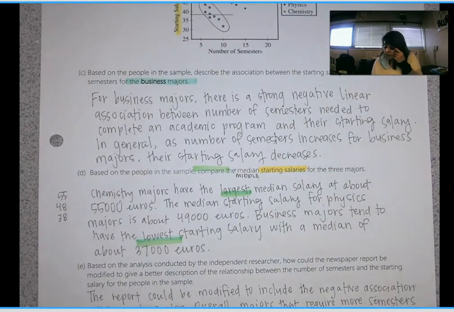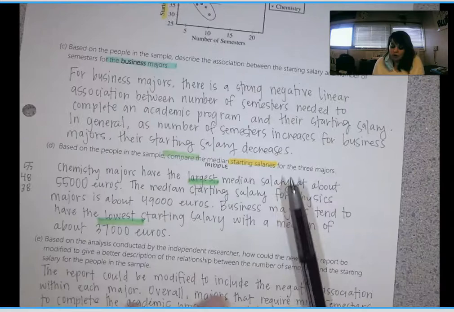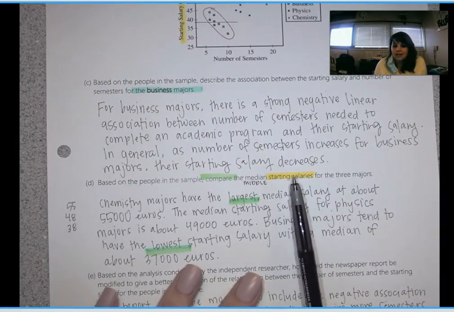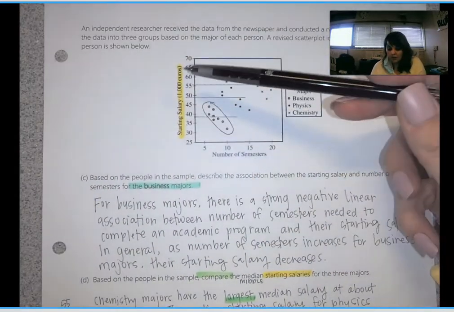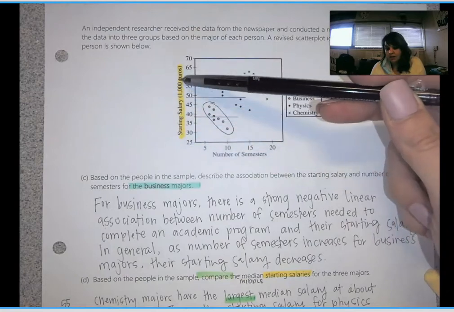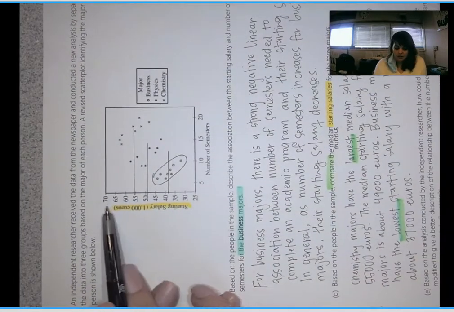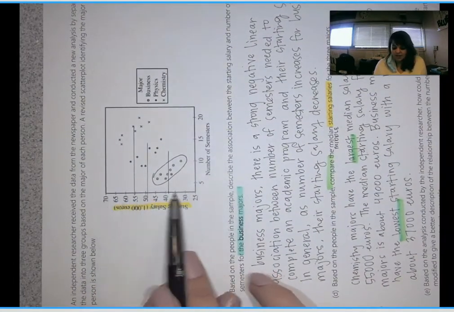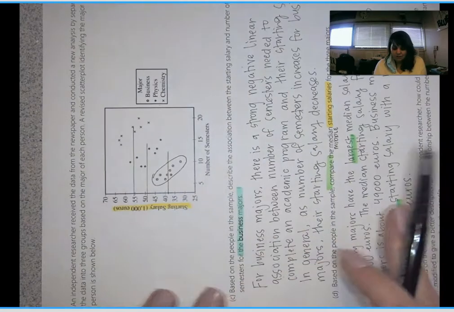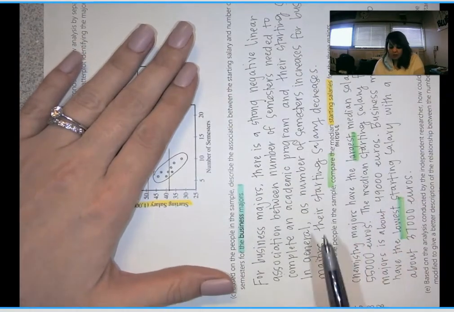Then the other thing that I have highlighted is they want to know the median starting salary. So up here, I have highlighted the starting salary, which means that you are finding the median of this on this axis.